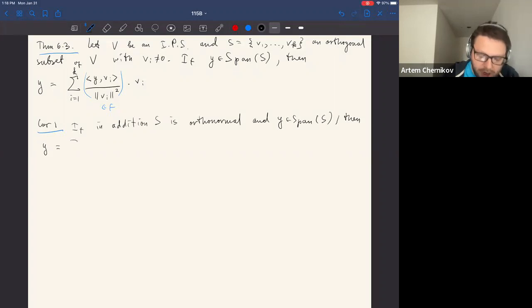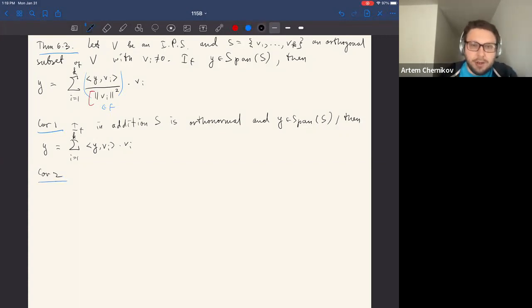Because then we can write y as the sum over i from 1 to k of the inner product of y with vi times vi. So note we no longer have to divide by the square of the norm, because the norm is 1, so the square of the norm is 1 as well. So in this case, the formula becomes even simpler.